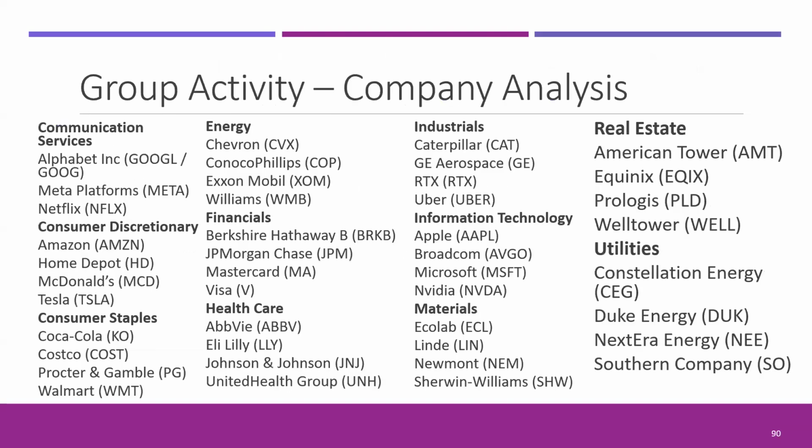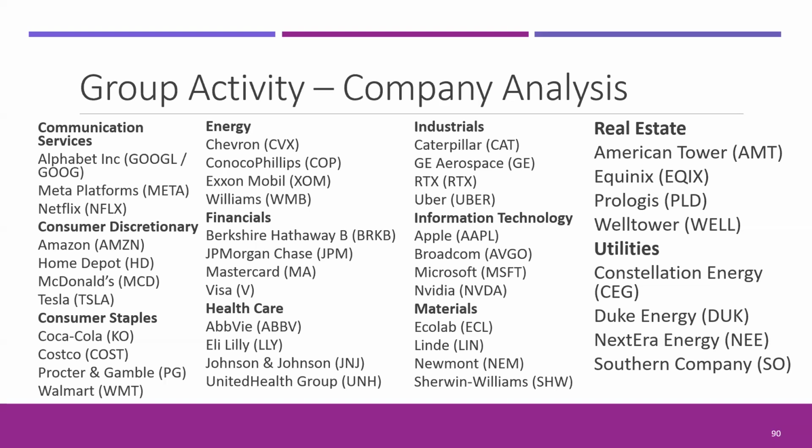So now we can get into the group activity. We still have 20 minutes left. If you could remind me what section each of you chose. I think row two is energy. What, industrial, what were you? Okay. And real estate, what were you guys? And then the back row, what was the choice?